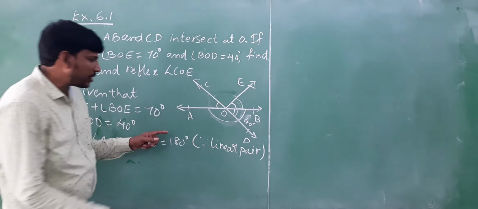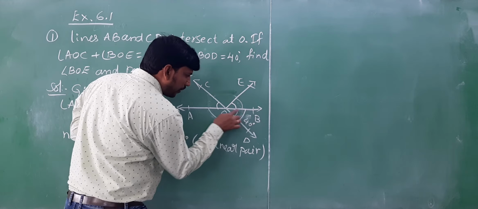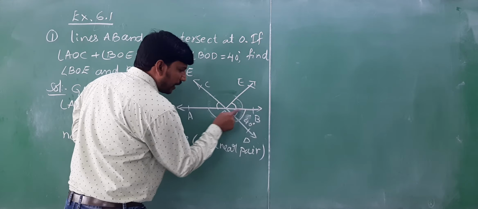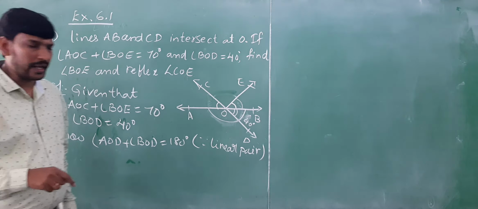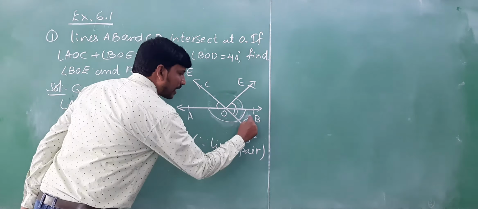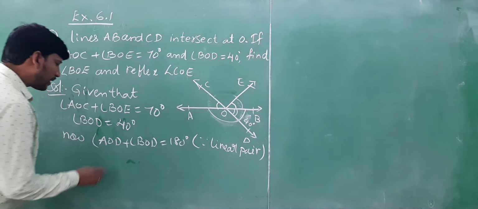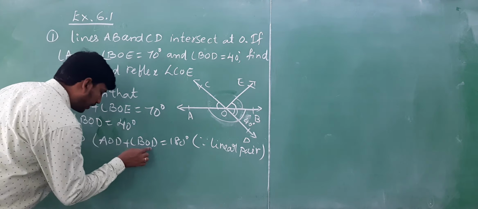Linear pair means AOD and BOD, these two angles are lying on the same straight line. It is divided by only one ray OD, a common ray. So this angle plus this angle, this total angle is equal to 180 degrees. But already they gave BOD is 40 degrees, substitute here.